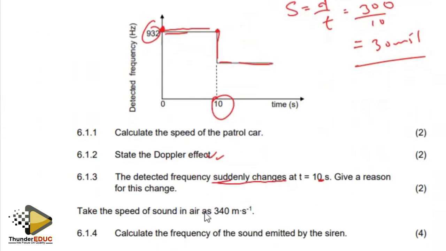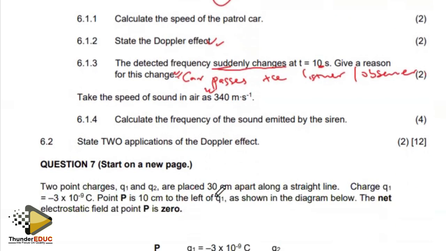Okay, so we could say that the car just passes the listener or observer. Okay, that is one reason. Or you can just tell us the car starts to move away at that instant, and can also tell us that maybe the car and the observer are just in the same place, because the moment you're at the same place, then there's going to be that change.